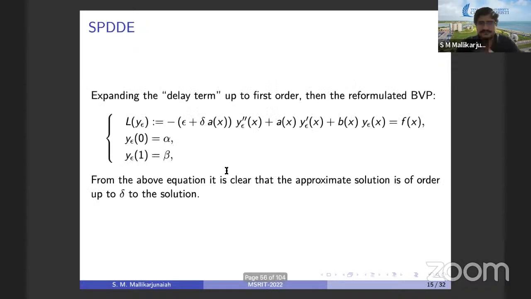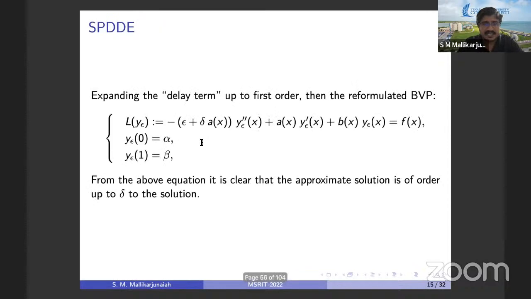Now, remember, our goal is to find a numerical or approximate solution to this BVP. The important parameters are epsilon and delta, and most importantly, epsilon. You will see that the solution depends upon epsilon.